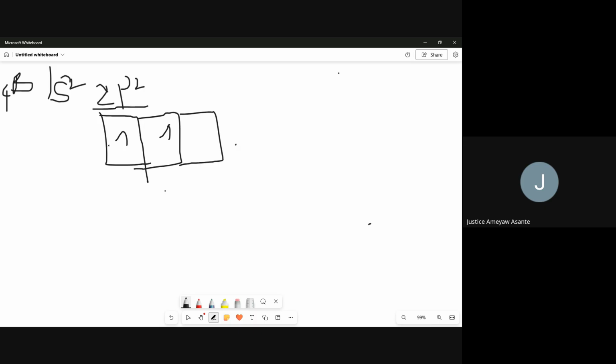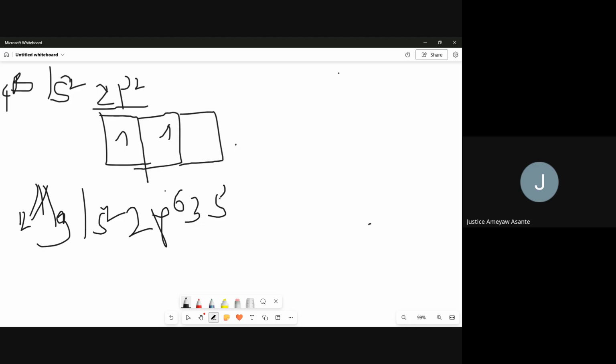When you move on to, let's say, magnesium, and you draw its electron configuration, I think magnesium has atomic number 12. So its electron configuration is 1s2, 2s2, 2p6, 3s2.